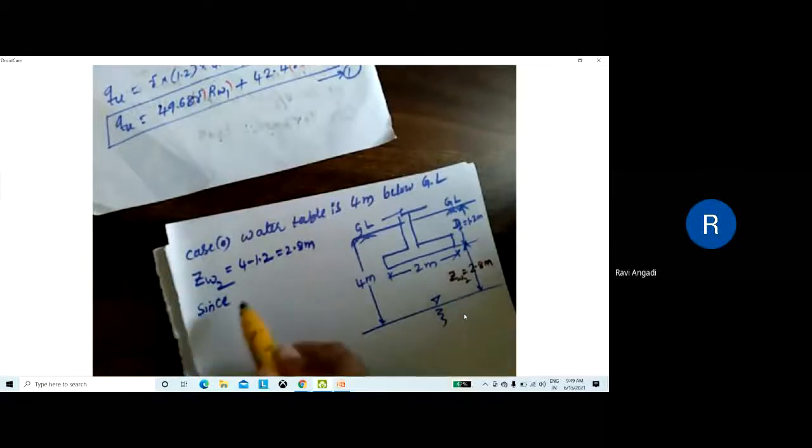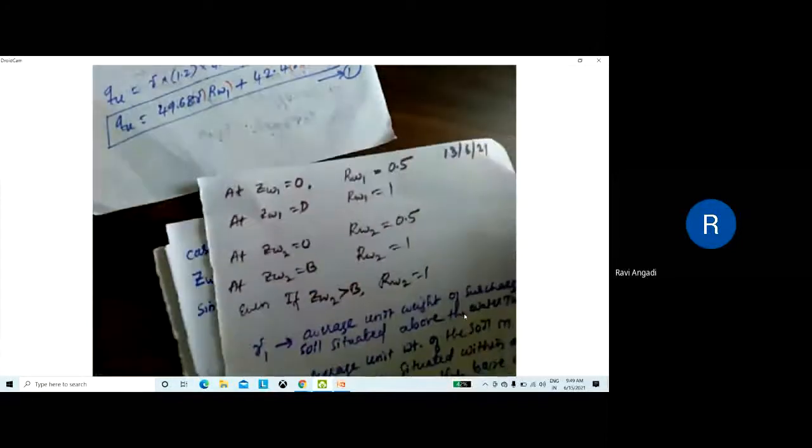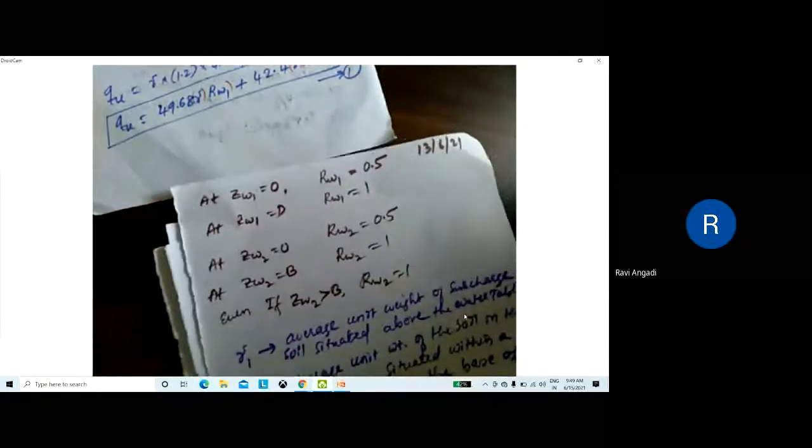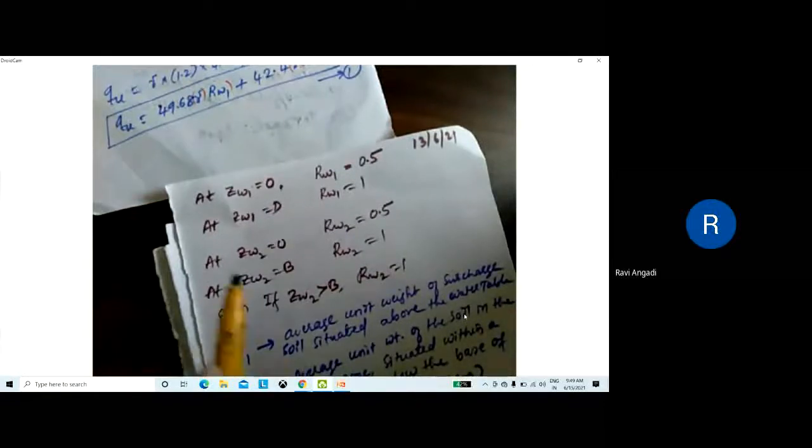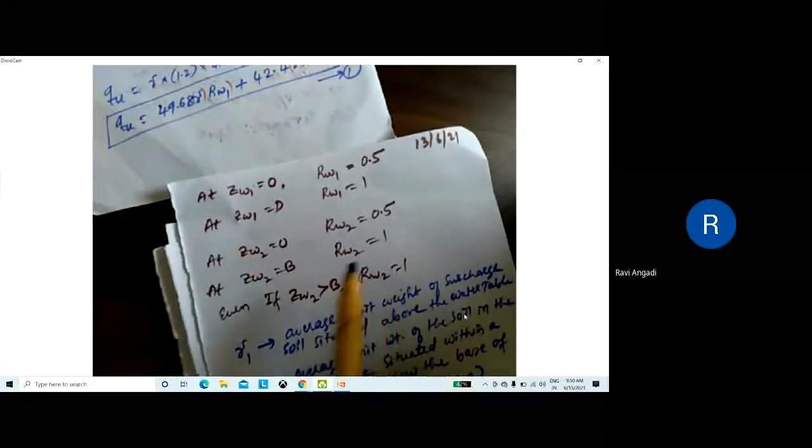Since we have a condition, ZW2 is greater than B, correct? Yes, sir. See here we had various conditions. You just recall from the previous class, these conditions are given. Have you taken these conditions? ZW2 equal to 0, ZW2 equal to B, or if ZW2 is greater than B, what could be the value of RW2 and RW1?